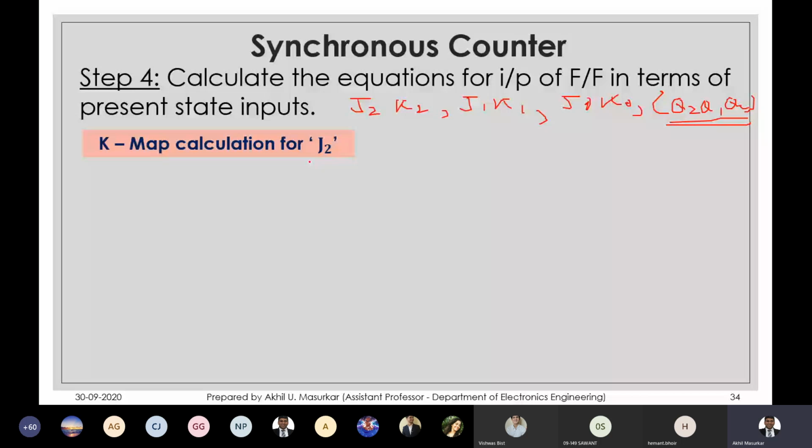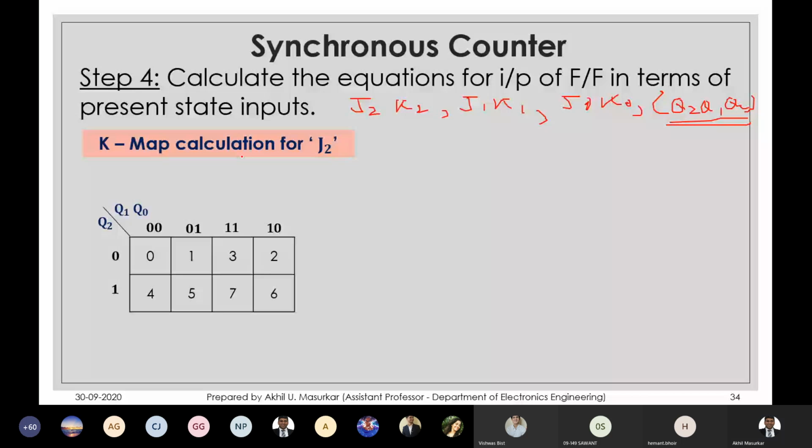So this is my K-map. You can now tell me at which places this is going to be 1 and at which places it is going to be 0. So fill this K-map.